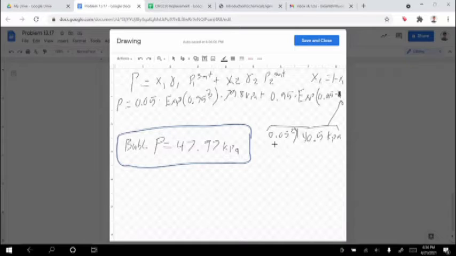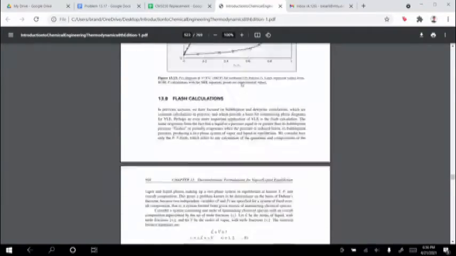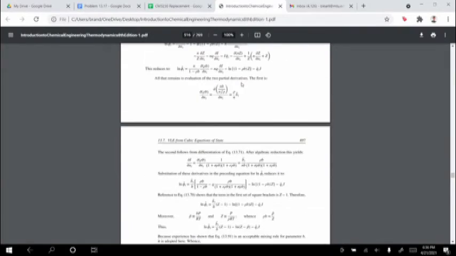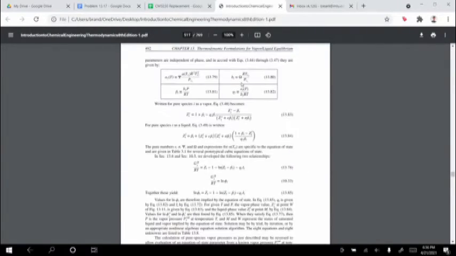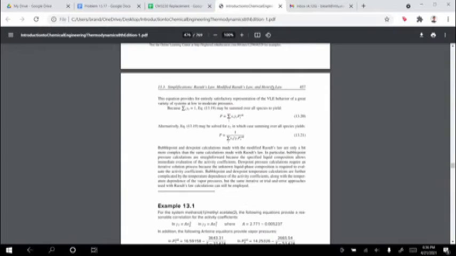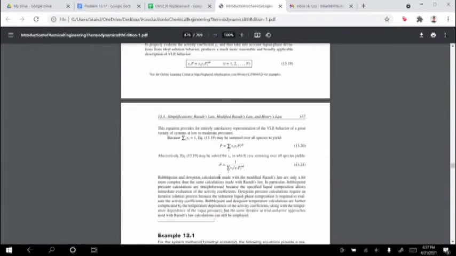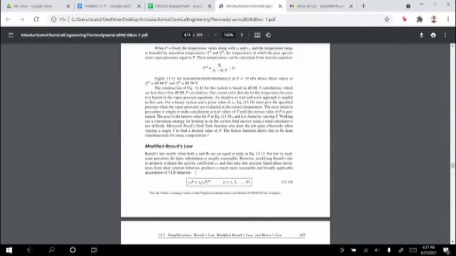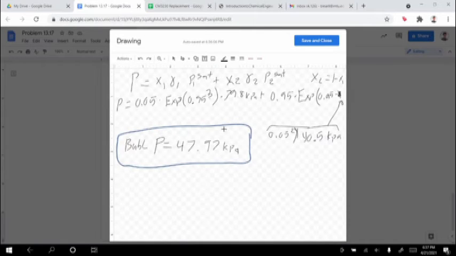If we use equation 13.19, we can find our vapor fraction.